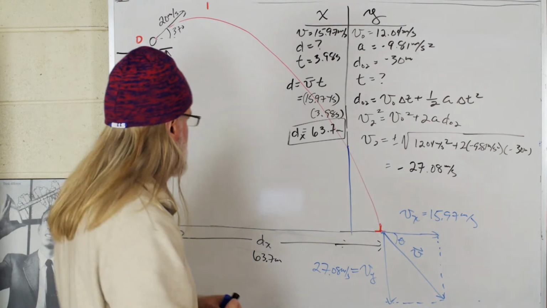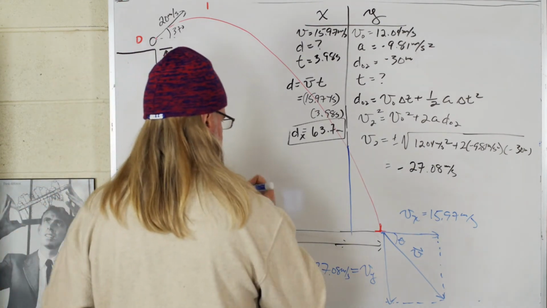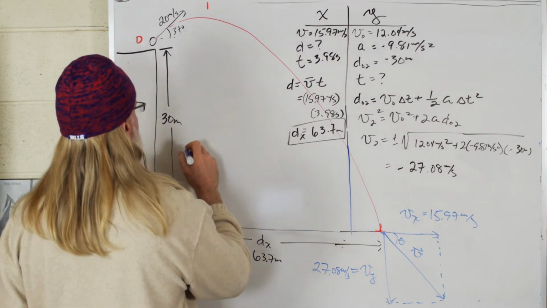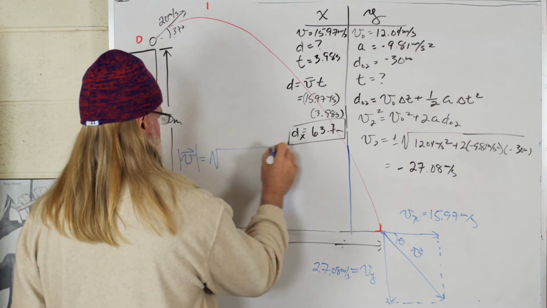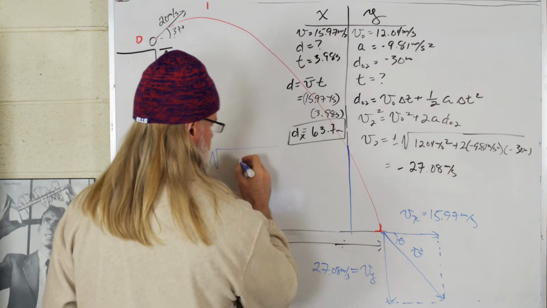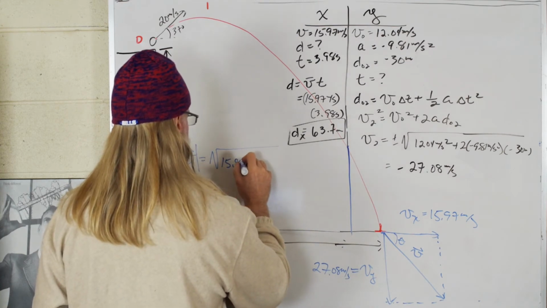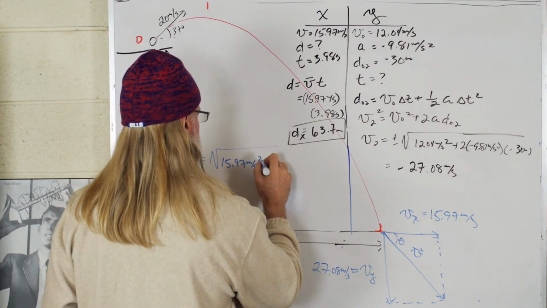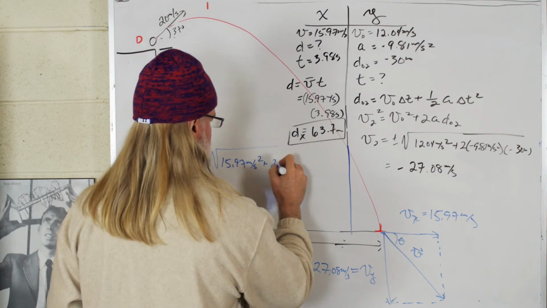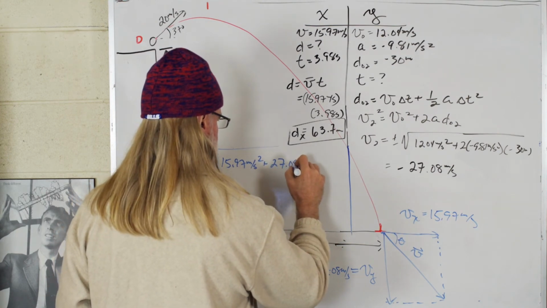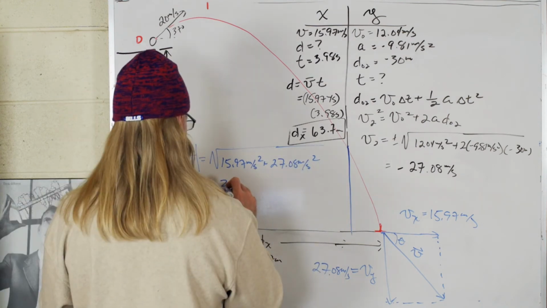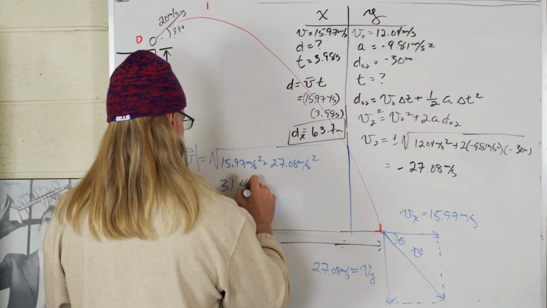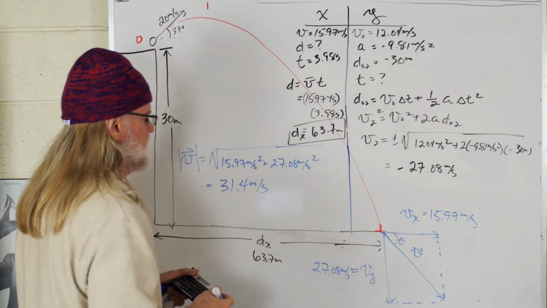The negative just tells me the direction. So the magnitude of V is the square root of (15.97 meters per second) squared plus (27.08 meters per second) squared. I have 31.4 meters per second as the magnitude.